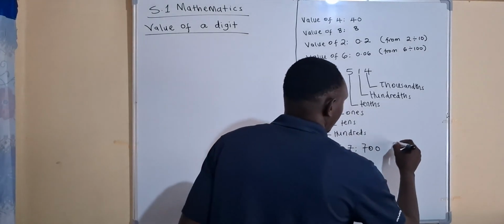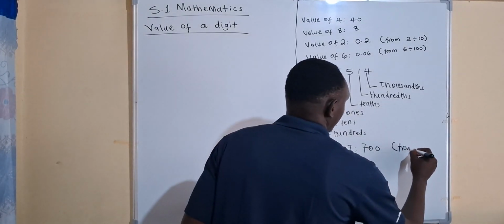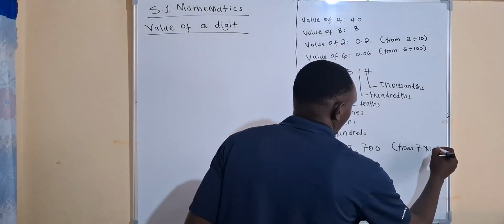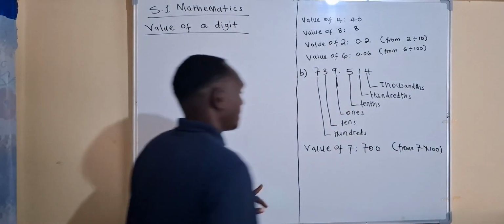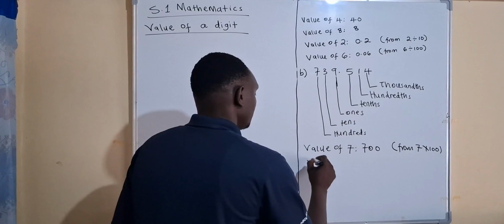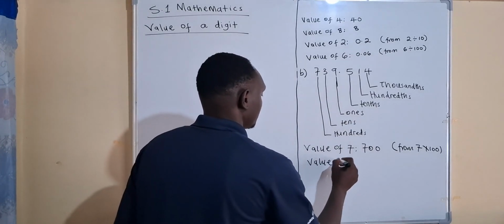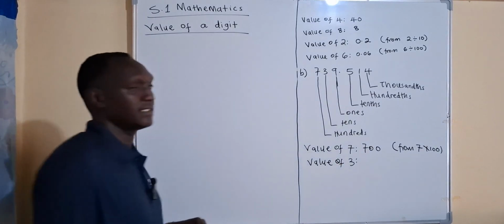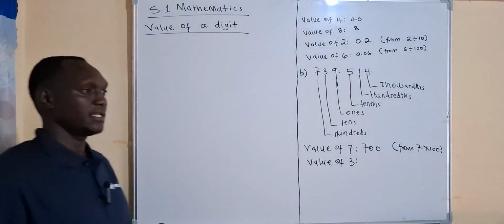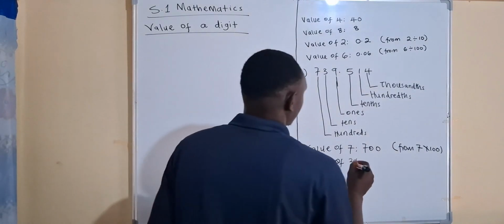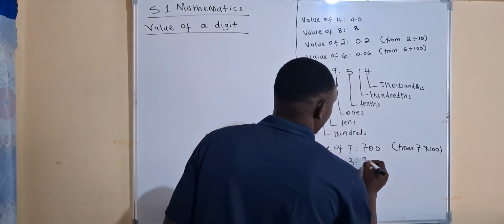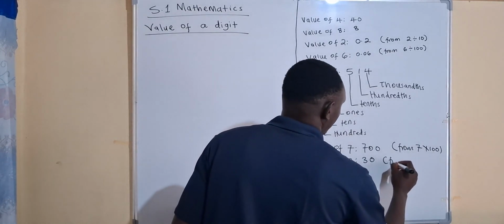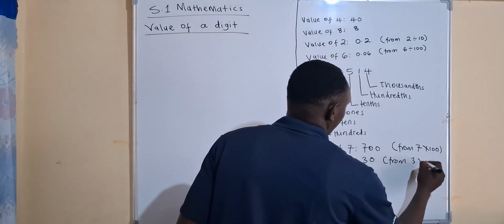It is just a multiplication. And then you go to the value of 3. What is the place value of 3? Tens. 3 times 10, 30. This one is simply from 3 times 10.